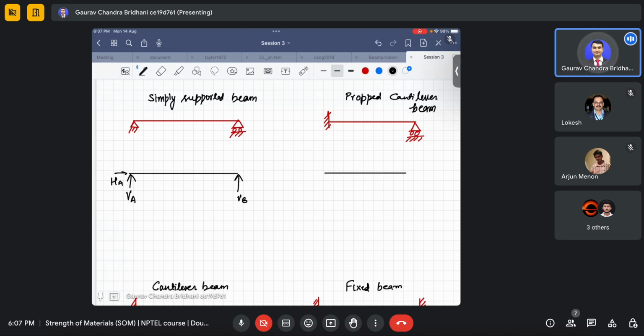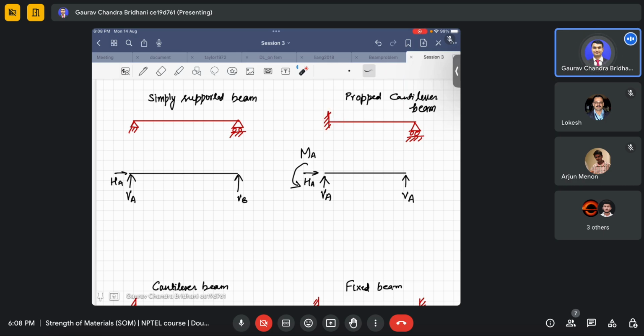As you know, this is a fixed end, so we'll have a vertical component of reaction at A, a horizontal component of reaction, and a moment at A. And this is a roller, so we'll have only a vertical component at B. Now, why are we doing this exercise? Because we should know which support provides how many constraints.